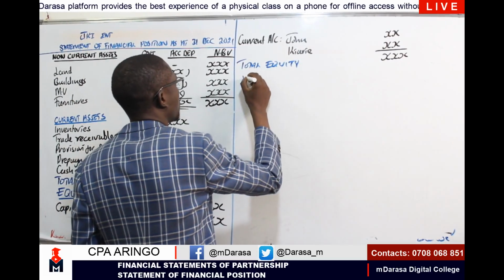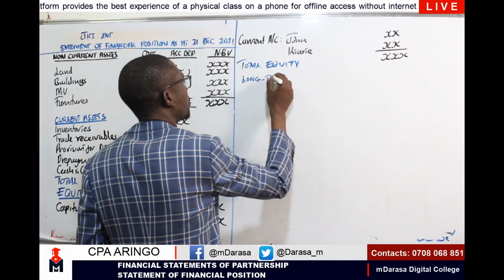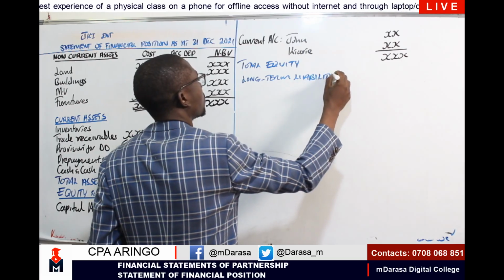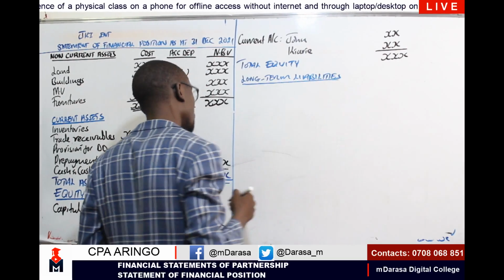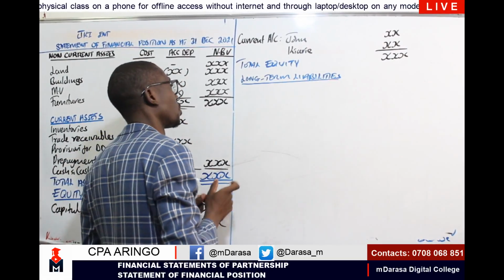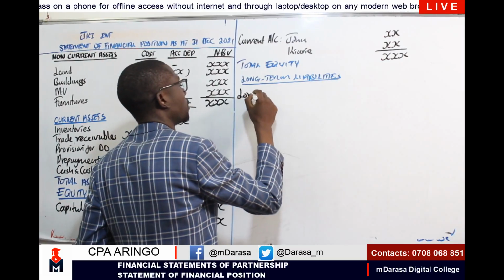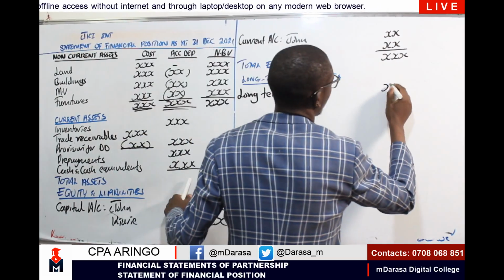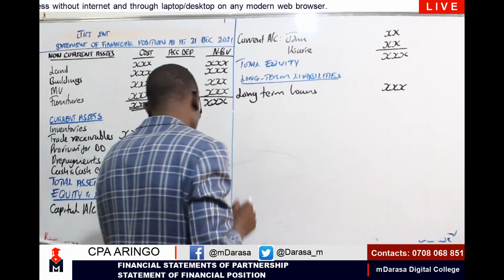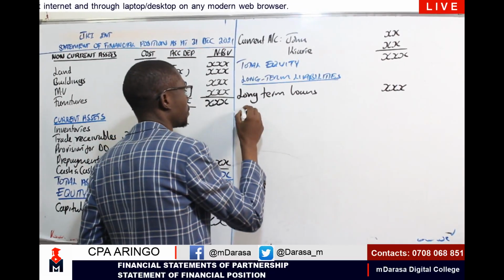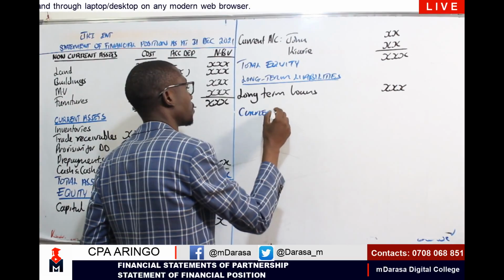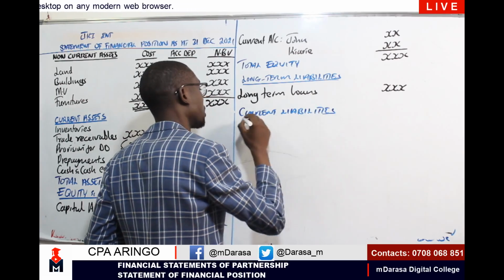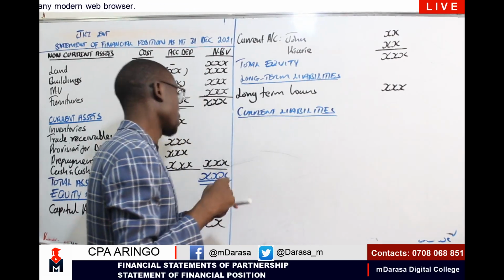Consider long-term liabilities, such as long-term loans. Then current liabilities.